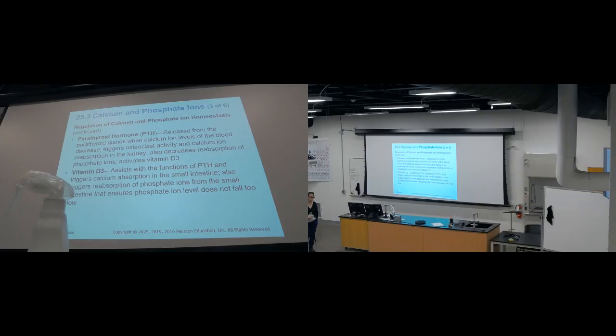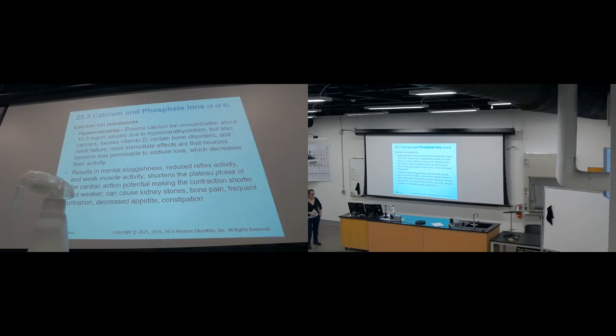Vitamin D3, remember, is normally produced by our body. We have a precursor of vitamin D in our skin. You expose yourself to the sun, that molecule starts being activated, goes to the liver and the kidneys to be hydroxylated twice, and then you have calcitriol, which is vitamin D3, to be able to reabsorb calcium, and it also triggers the reabsorption of phosphate ions so that they don't fall that much.